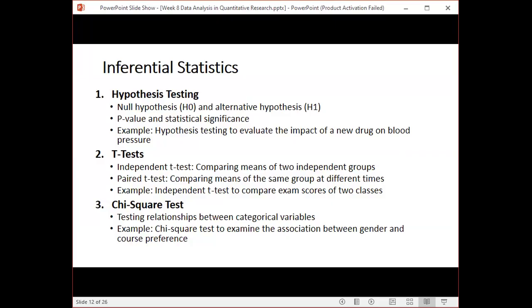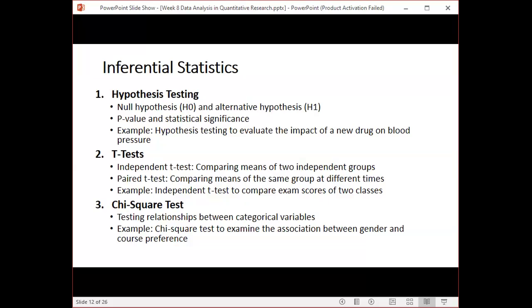So if I make the statement that the average income in this class is 1,000 cedis, right? The opposing or alternative hypothesis would be that the average income in this class is not 1,000 cedis. And it's up to me, the researcher, to gather data and really say that I'm going to confirm the statement that the average is 1,000 cedis, or reject the claim that it's 1,000 cedis and go for the claim that the average is not 1,000 cedis. So that's hypothesis testing.